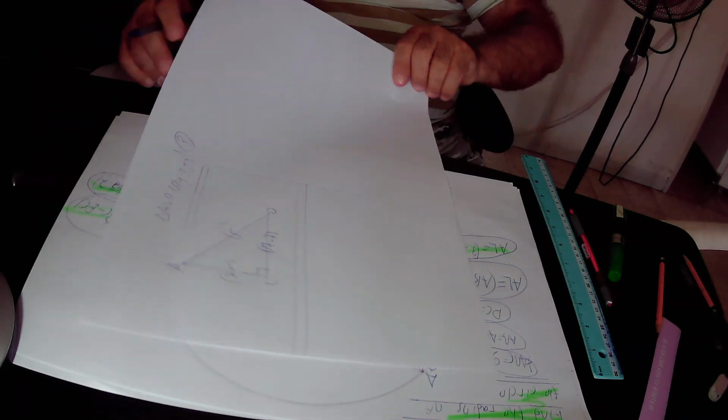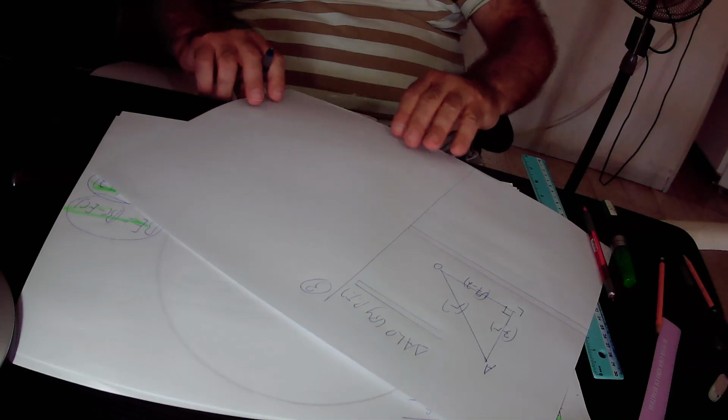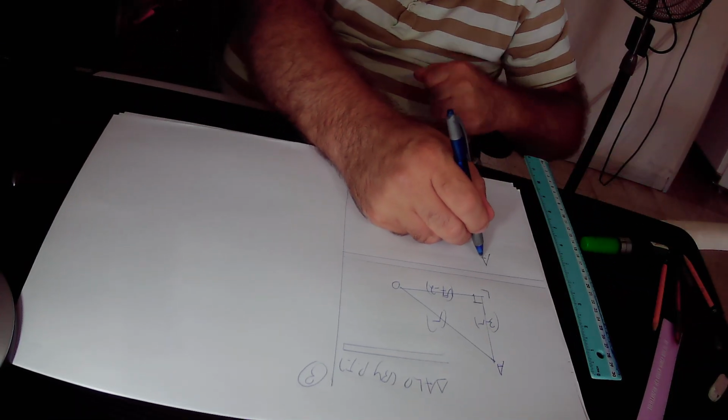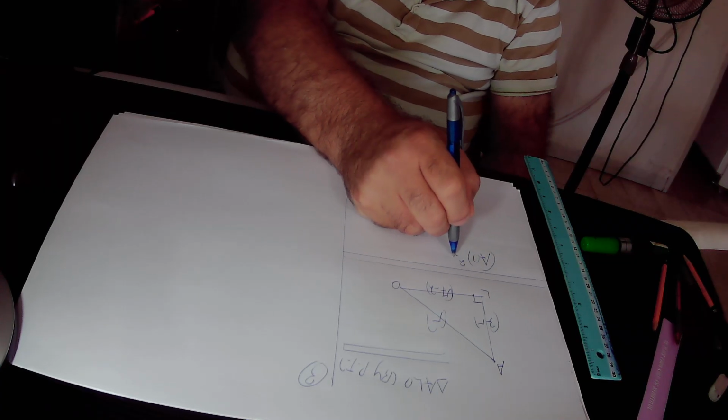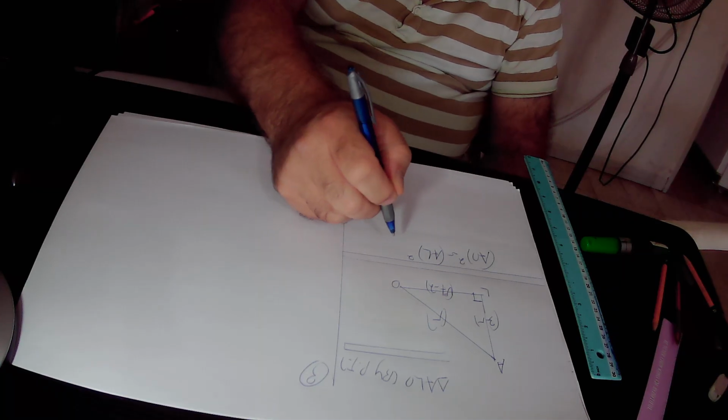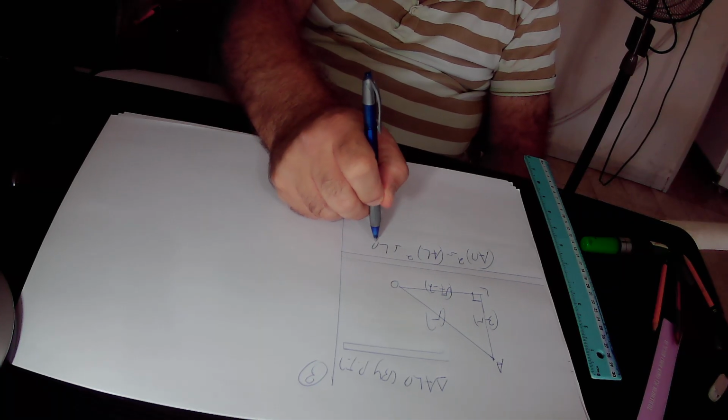AO squared, that is the square of the hypotenuse, is equal to AL squared plus LO squared.